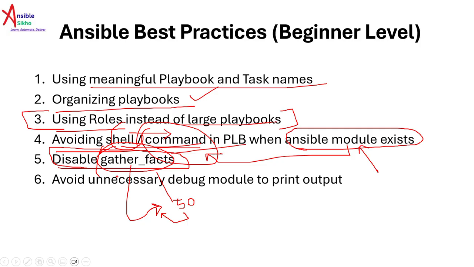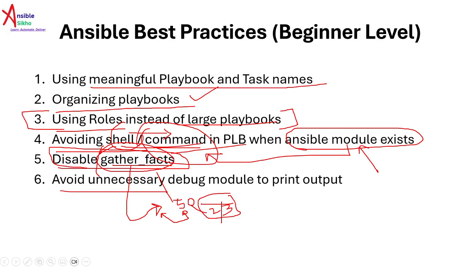It is not a good practice unless required. If it is limited to very specific servers, say out of 50 there are two or three for which we require details of the target host, then we can enable it.